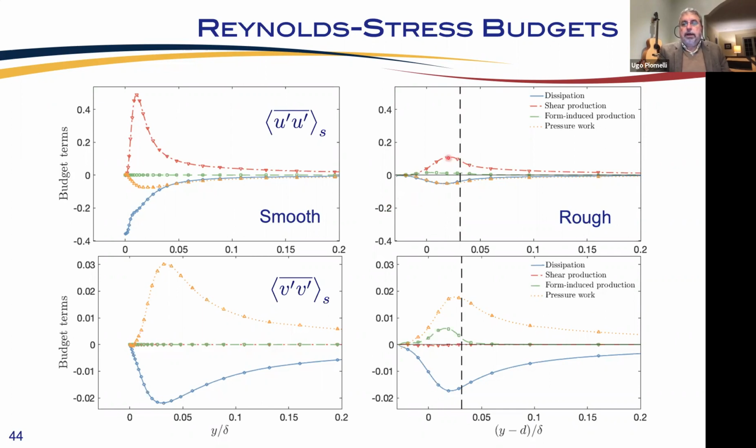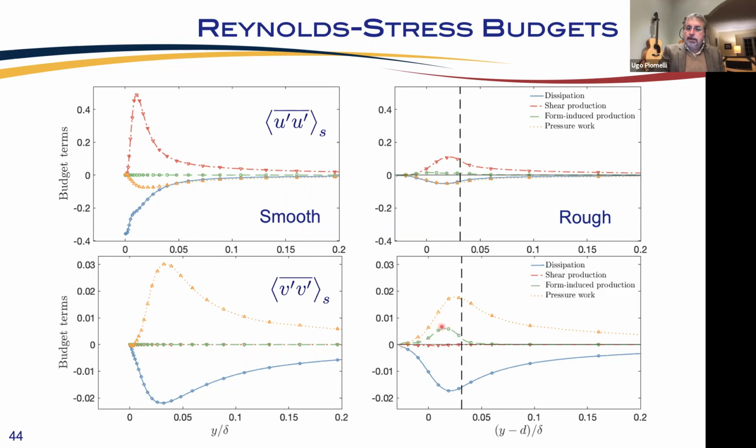First of all, the magnitude is decreased. The magnitude is decreased because of the normalization. Everything here is normalized with u tau to the fourth over nu. So since u tau increases tremendously, the normalized production decreases. But you see that, especially in V, there is a contribution, the green one, from the form-induced production. The form-induced production is significant both in V and W. It's very small in U. So we have one additional production term that's about 1/3 of the pressure.